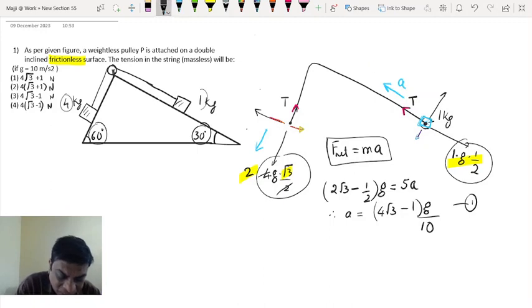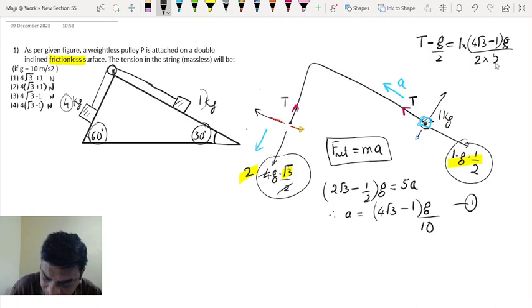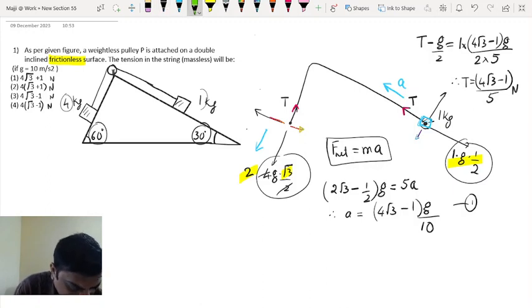So applying Newton's second law up the inclined plane, the net force is T minus g by 2, is equal to mass into acceleration. And acceleration is (4 root 3 minus 1) g by 10. So therefore tension is (4 root 3 minus 1) by 5.